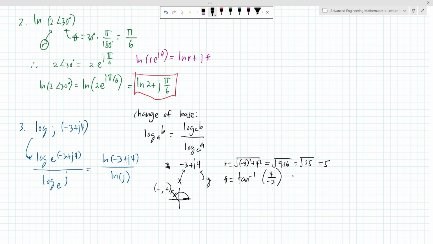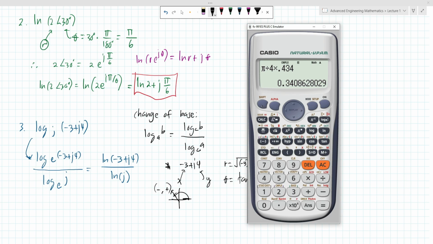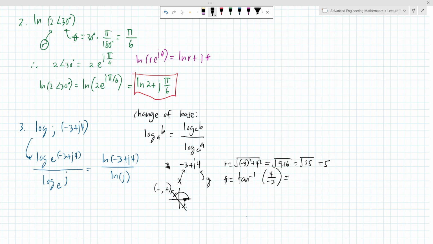If you get the arctan of 4 over negative 3, it will give you an angle of negative 53.13, which is in the fourth quadrant. So if this is 53.13, this is also 53.13 degrees, and the required angle is here, so that is 180 minus this angle.